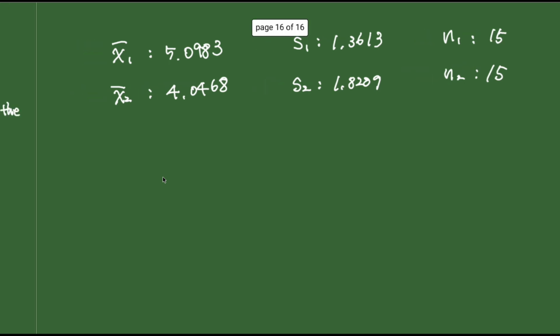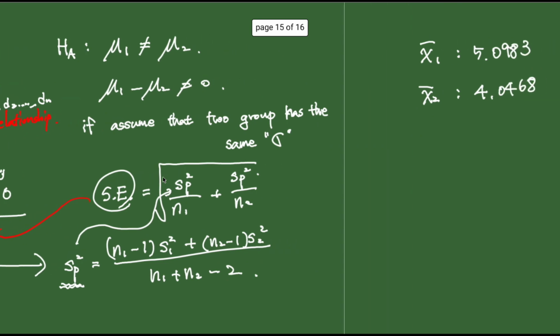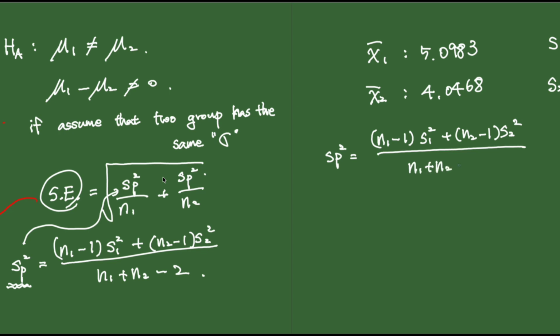And what I want to do is calculate this sp squared. So sp squared is (n1 minus 1) multiplied by s1 squared plus (n2 minus 1) multiplied by s2 squared, divided by n1 plus n2 minus 2, right?